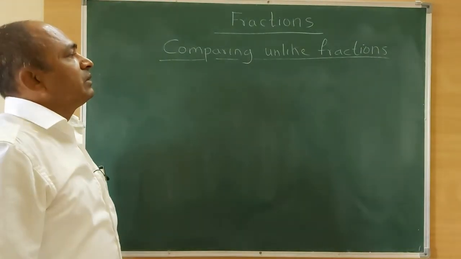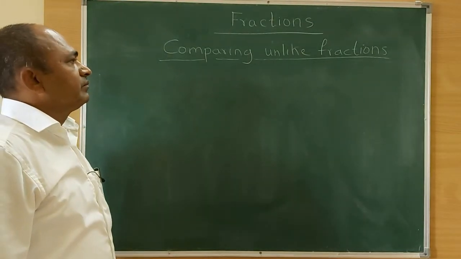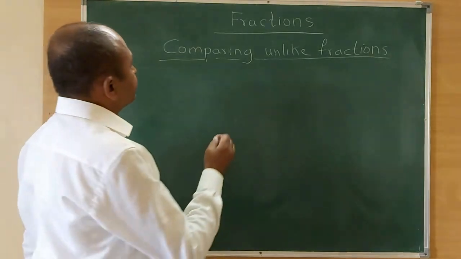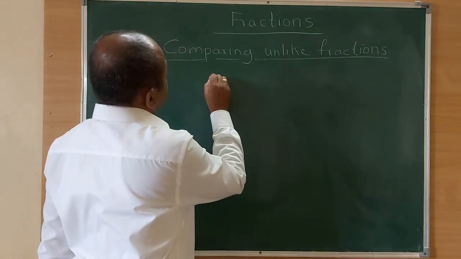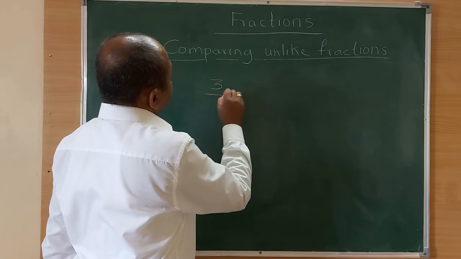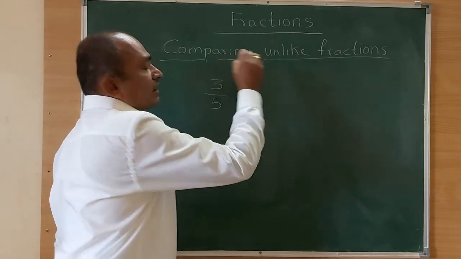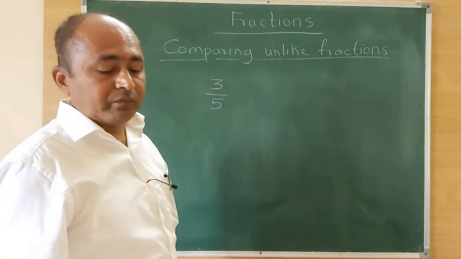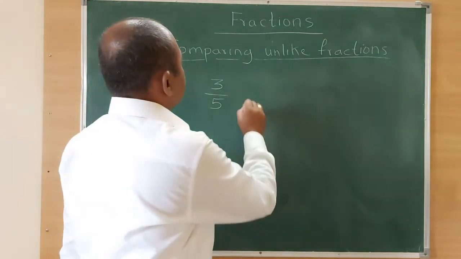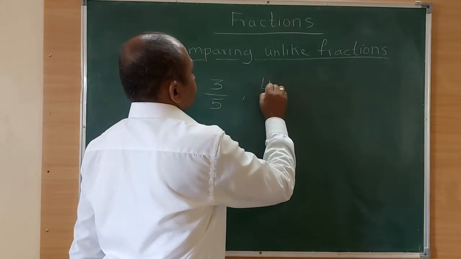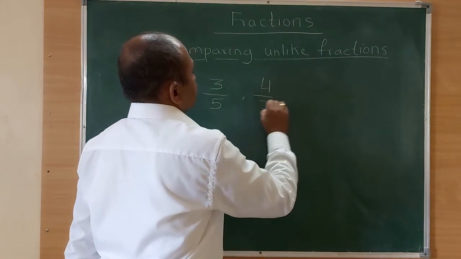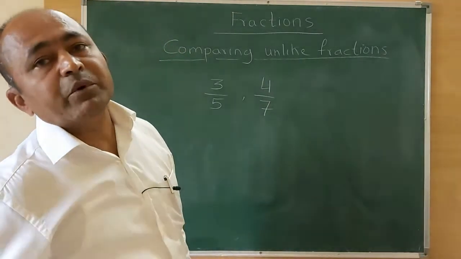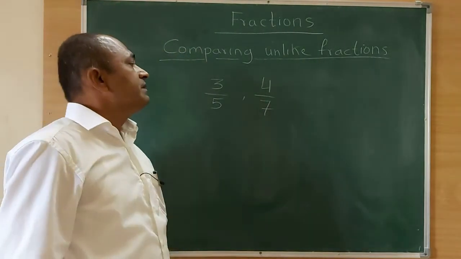Now we will see how to compare unlike fractions. Here 2 unlike fractions I will take. 3 upon 5 and 4 upon 7.